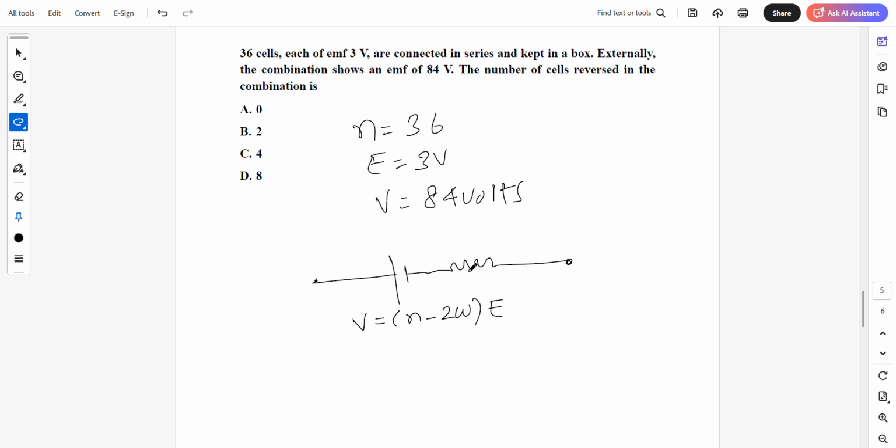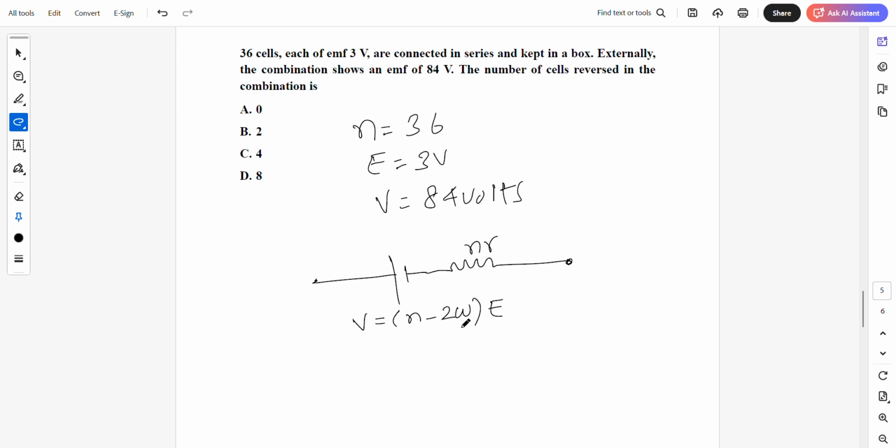And this will be how much? N number of resistances connected in series gives NR, which is the internal resistance. This is the total EMF, that is V is equal to n minus 2W into E, where E is EMF.